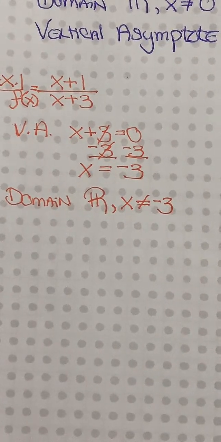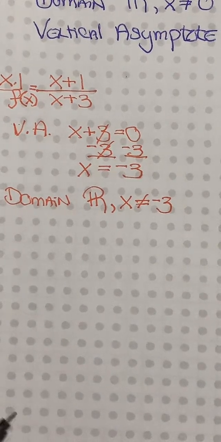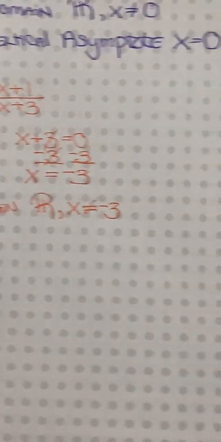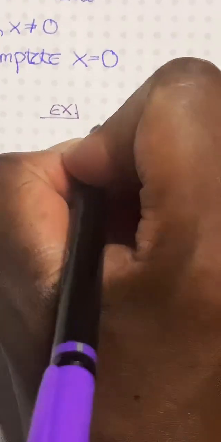Okay, so now let us take a look at another one. Okay, so I'm just going to slide this over a little bit. So we got our next example. Hopefully make it a little bit darker so you guys can see.